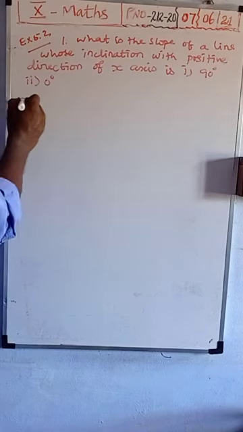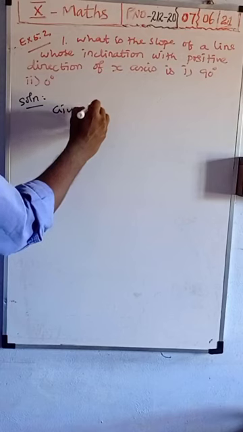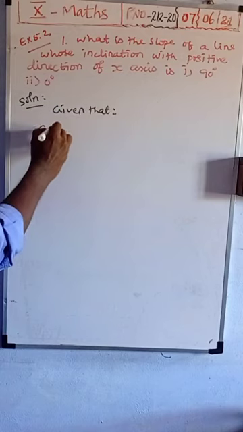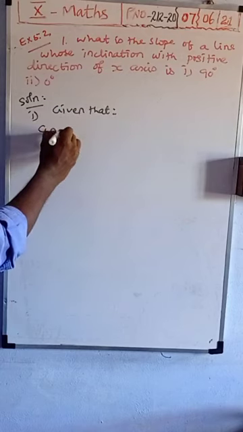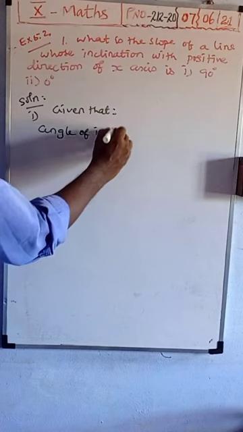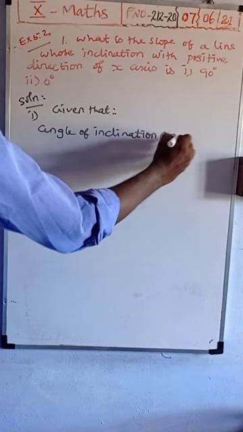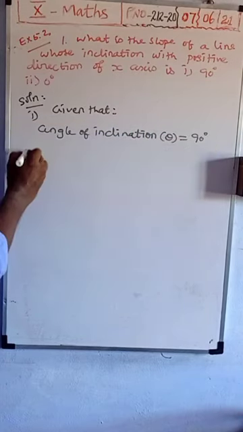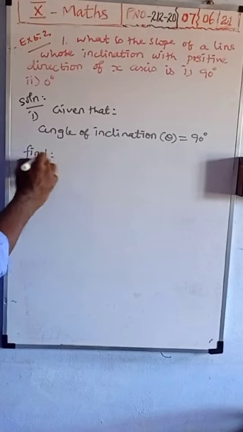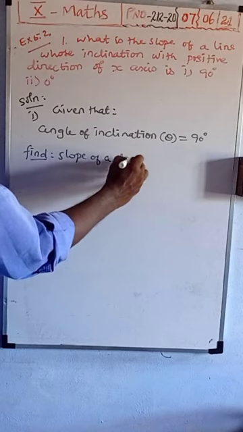See the solution. First, you should write, given that the angle of inclination in the positive direction, theta, is equal to 90 degree. Find the slope of the line.